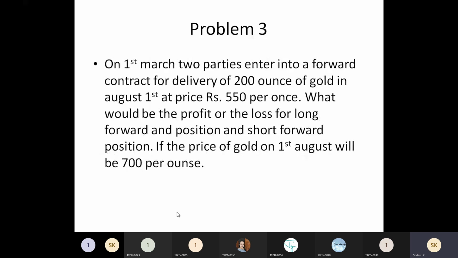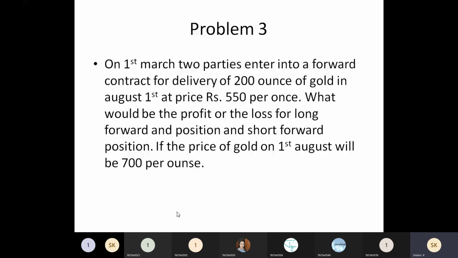Coming to the next problem. In this problem, you do it in the same manner. On 1st March, two parties enter into a forward contract for delivery of 200 ounces of gold on August 1st at rupees 550 per ounce.